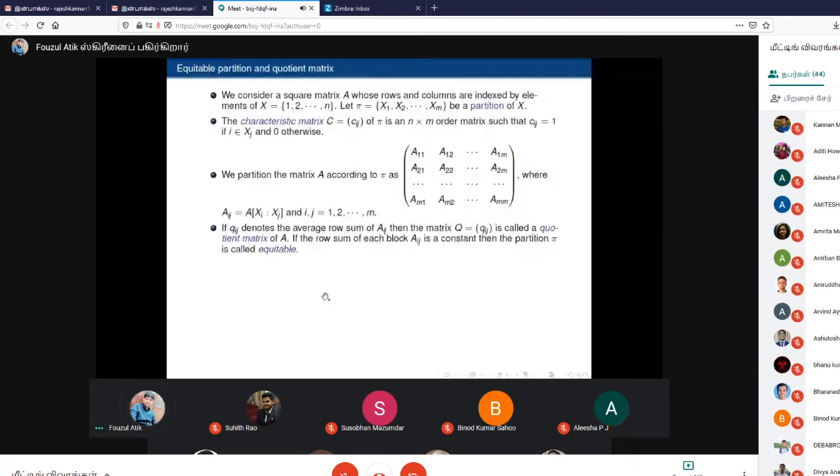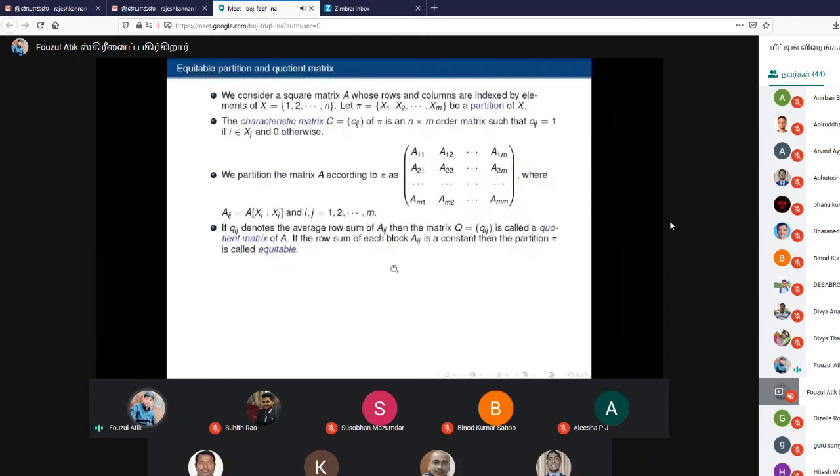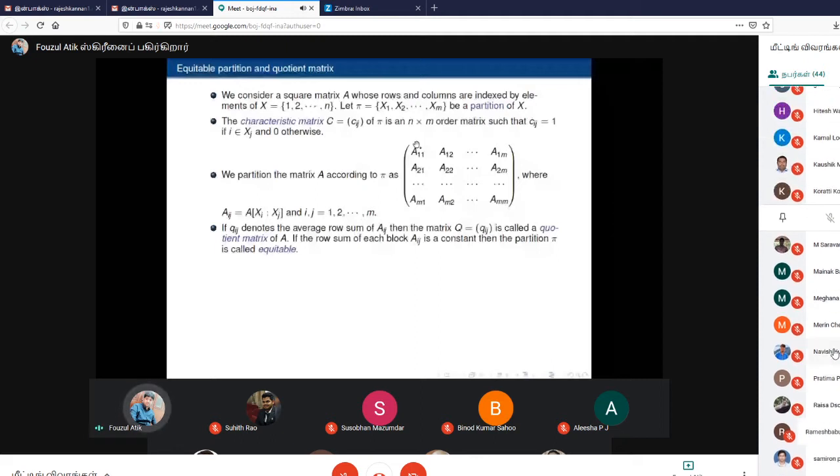Now, if the row sum of each block A_ij is a constant, then the partition pi is called equitable. What does it mean? Suppose we have partitioned the matrix in such a way that the block A11 has all row sums equal to n.